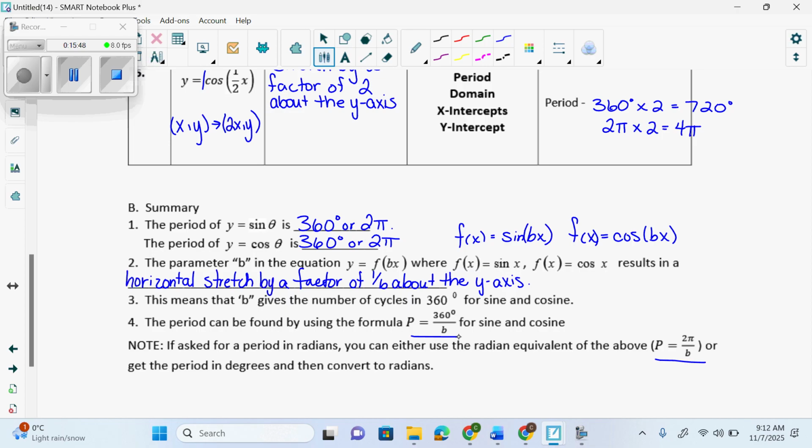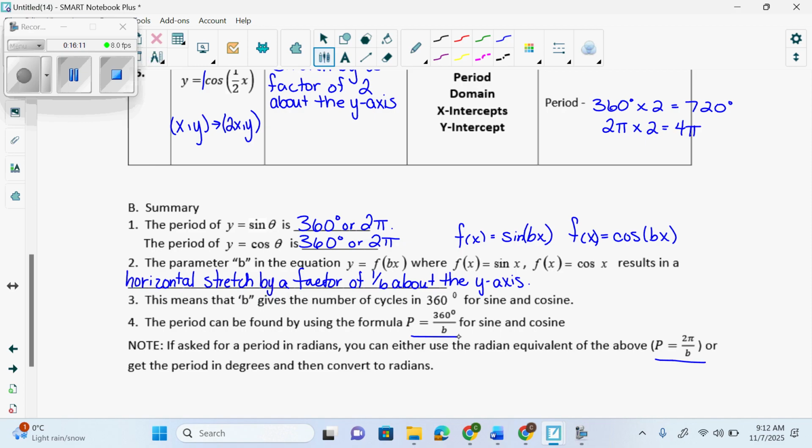So you can just use that formula, but then you're using the b value. Remember, in your equation you have an a, a b, a c, and a d. You're using the b value. If you use the horizontal stretch, you have to multiply, correct? Dividing by the b value or multiplying by 1 over b, which is the horizontal stretch, does the same thing.